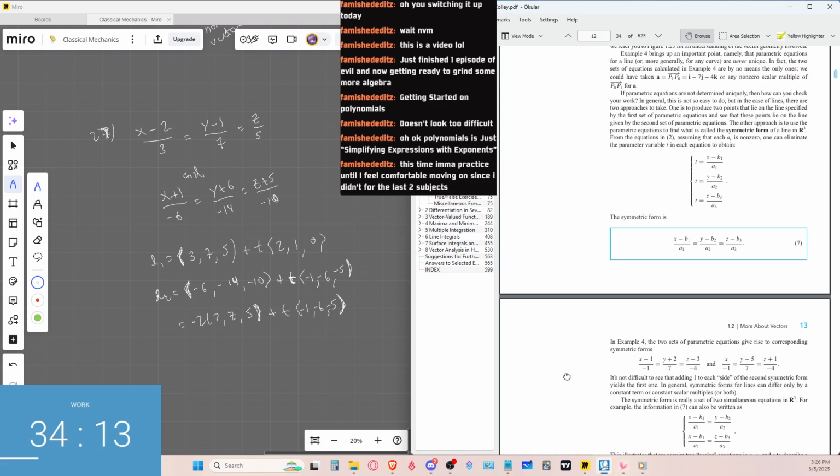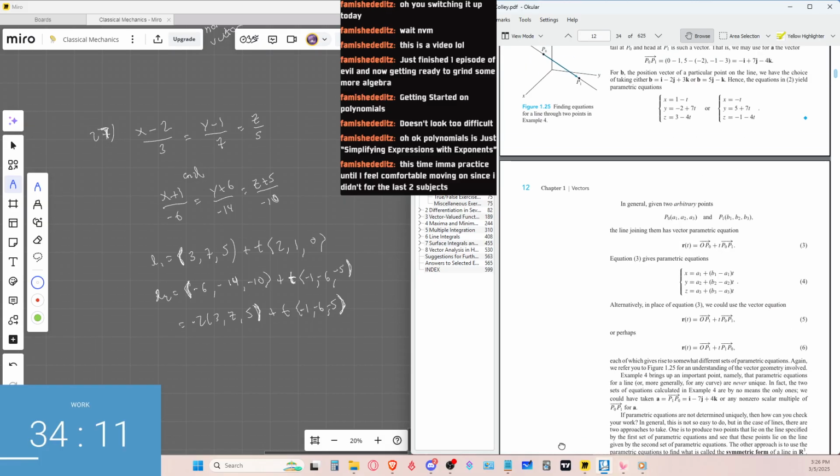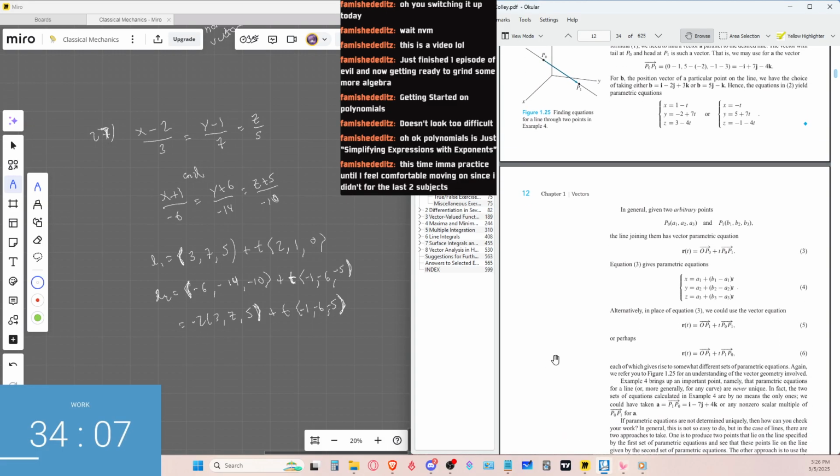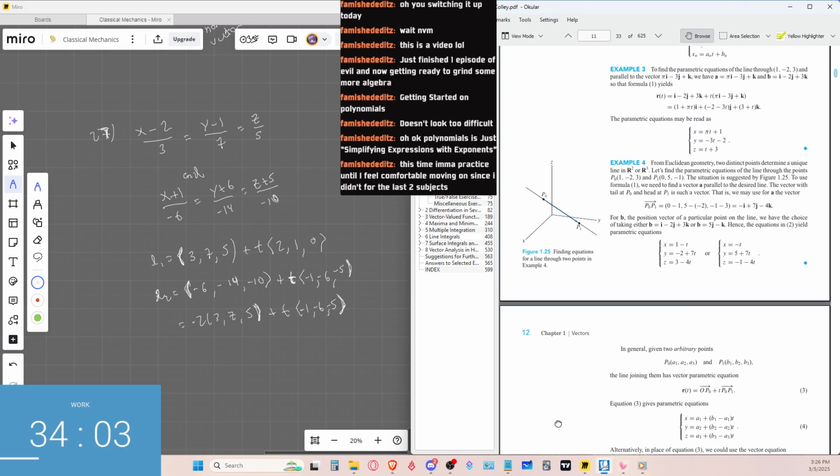So these are the intersection problems. What is this example?